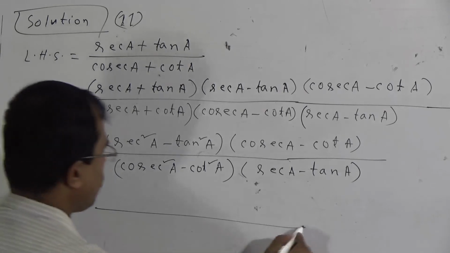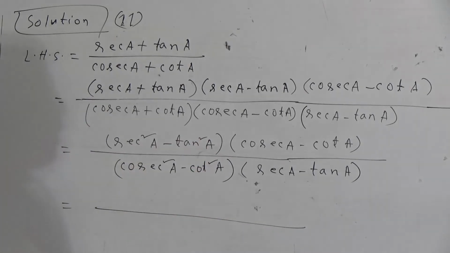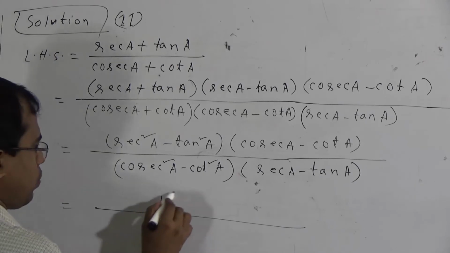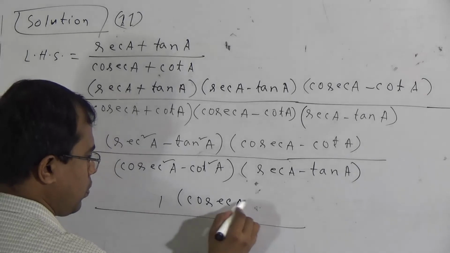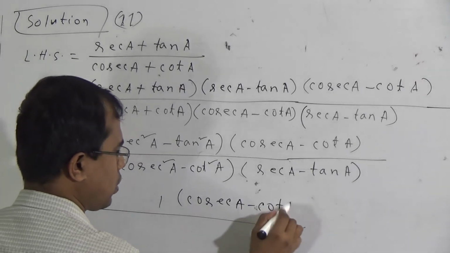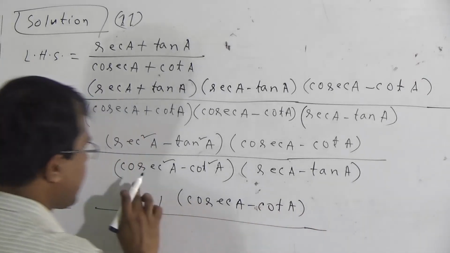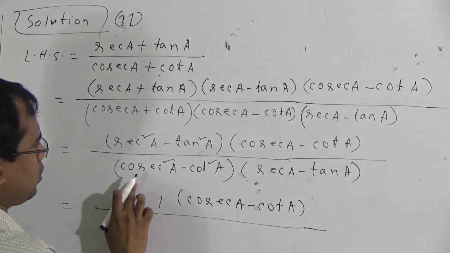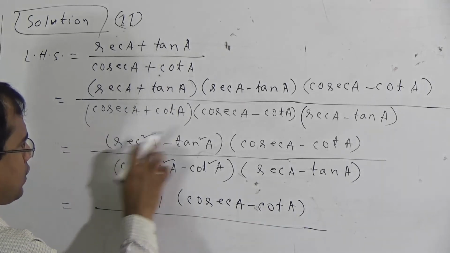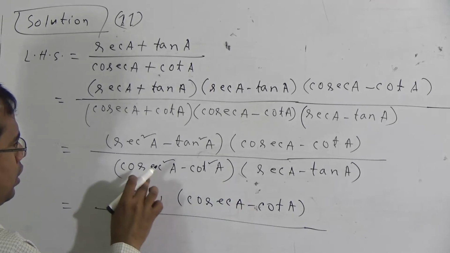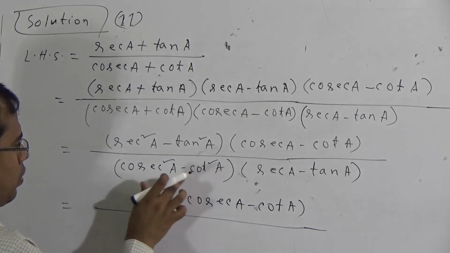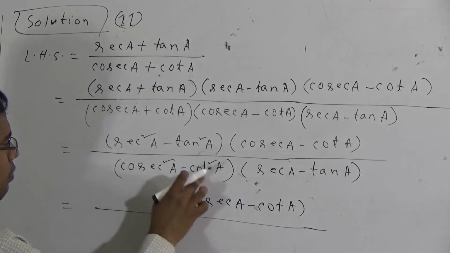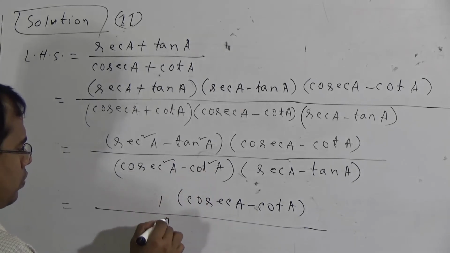Dear students, you know that sec square A minus tan square A, this is equal to 1. So we can write 1 into cosec A minus cot A. And sec square minus tan square A is equal to 1. And in numerator also we know that cosec square minus cot square A equal to also 1.